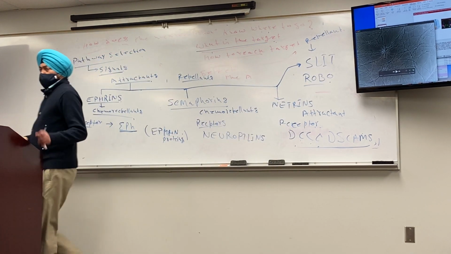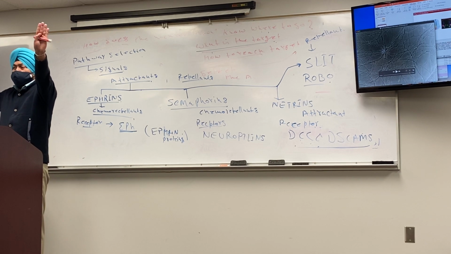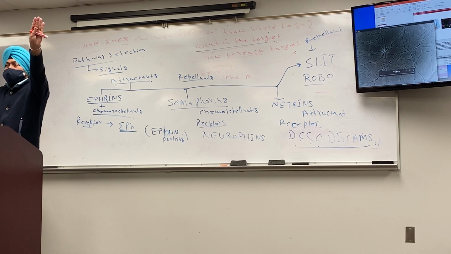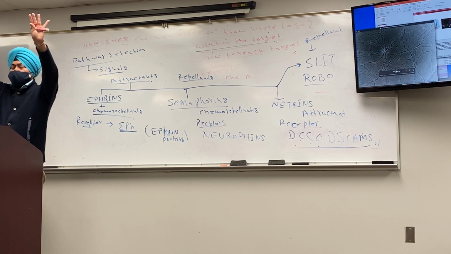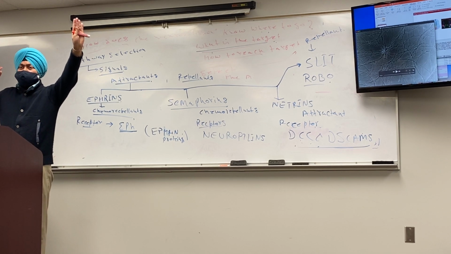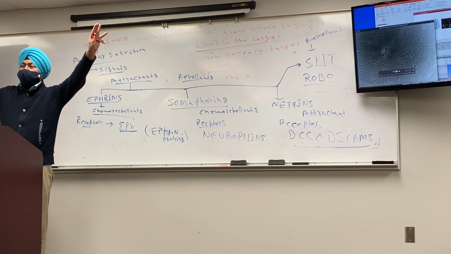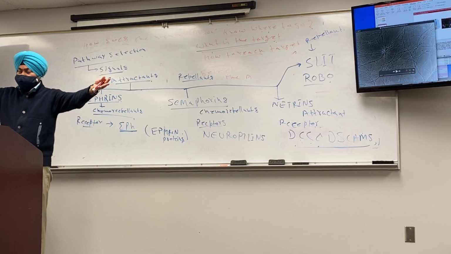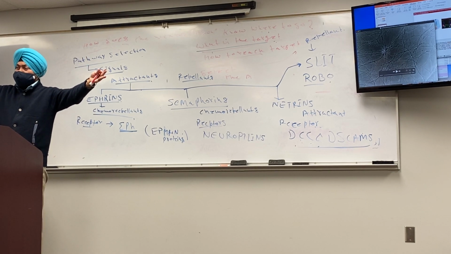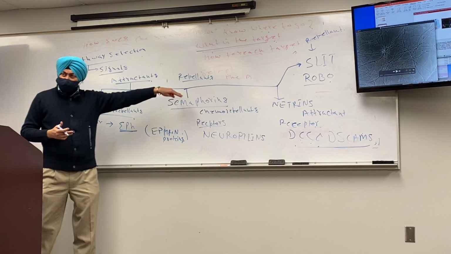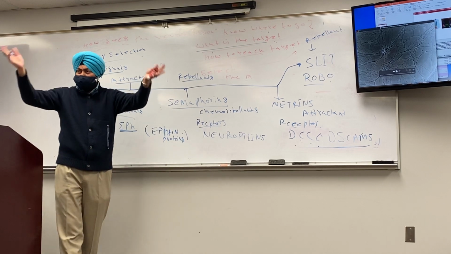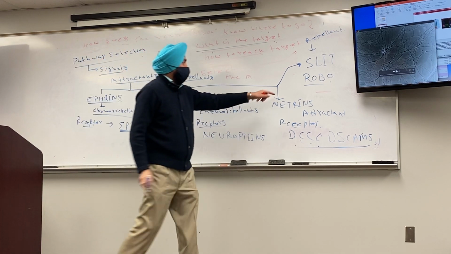So, like the road, when you go, you have a go signal, you have a stop signal. And those go and stop signals are secreted by the cells in the surrounding areas. And those signals, these chemicals which are secreted by the surrounding cells, should be received by the growth cone.